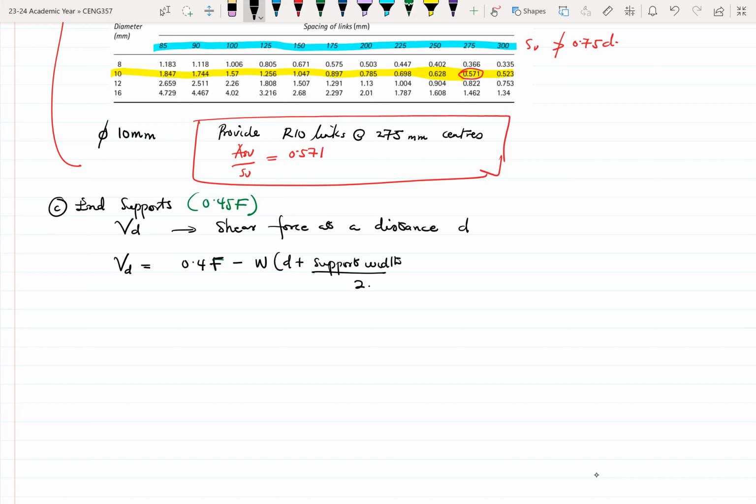times D plus the support width over 2. So in effect, if you look at this beam, and this is our supports, basically our shear is at midpoint. So our shear is 0.45 over here.